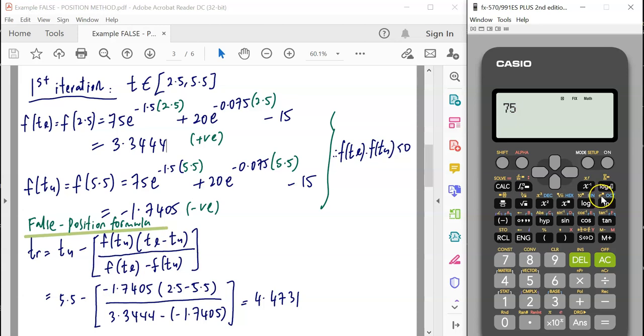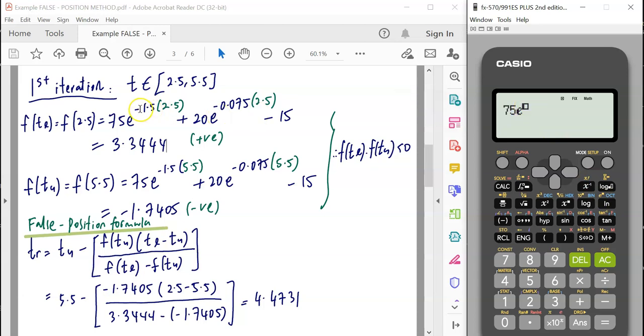yellow symbol here, exponent, and then power, the long button. This is in yellow color, so you must activate your calculator first. In order to use a function in yellow, you press shift, because shift is in yellow color. So you press shift and then you press here exponent. Now you want to insert the power here.